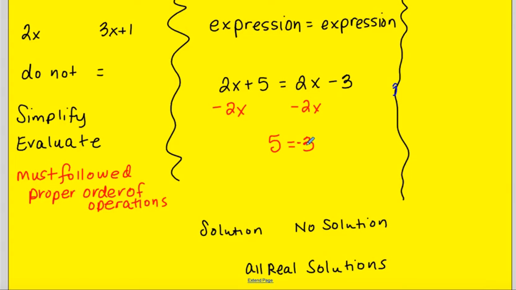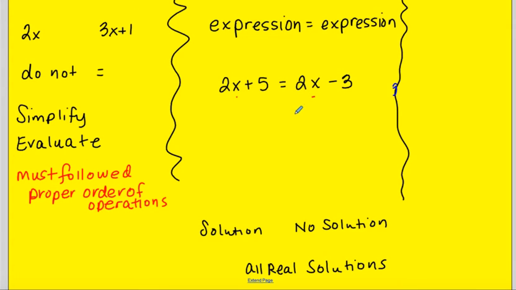Well, that is not a true statement. So that's telling me that there's no value of x that will make this a true statement, and that's an example of no solution. Some of you saw right off the bat that there's no number that I can put in for x, that if I add 5 and subtract 3 from that number, I'm going to get the same value.